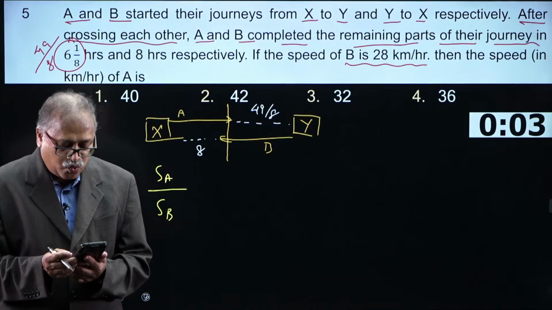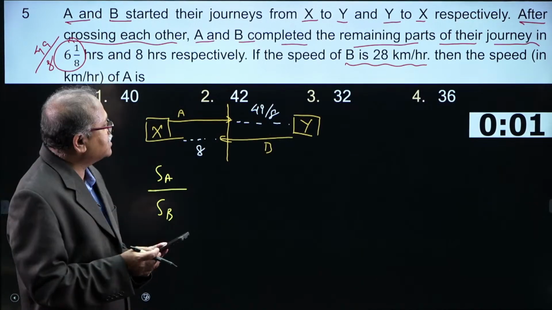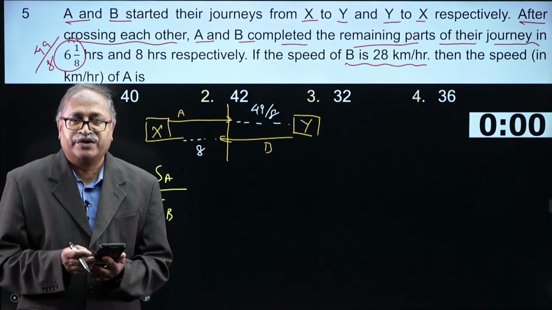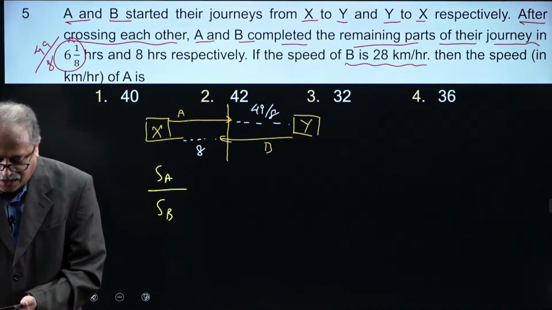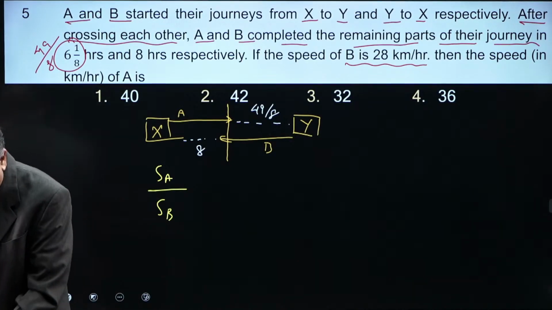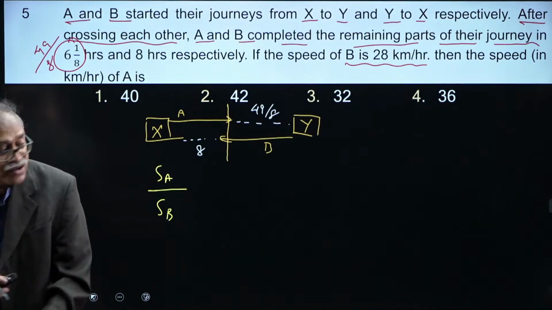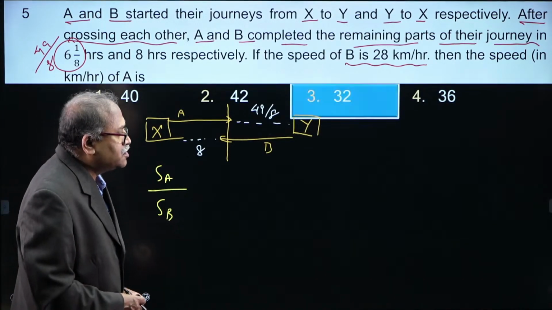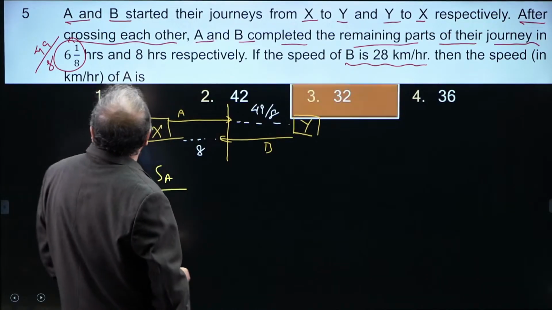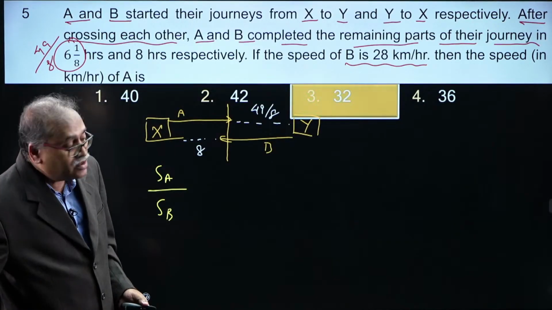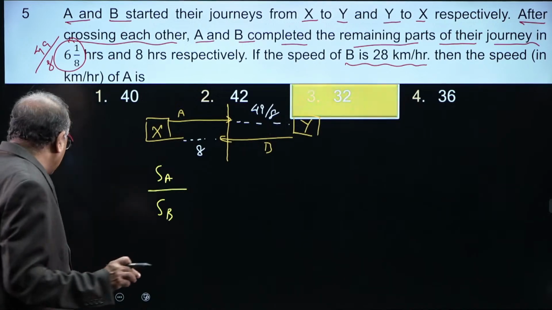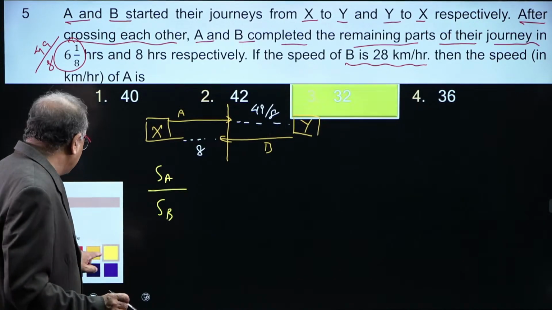Wow, Appalnaidu has said 42, option 2, that means he knows the formula. Sheikh Abdullah also knows 42, option 2. Why 32? Why, why 32, my dear friend? I think let me check this.